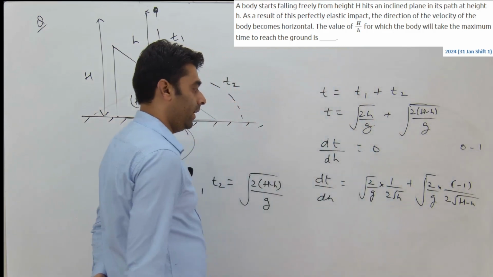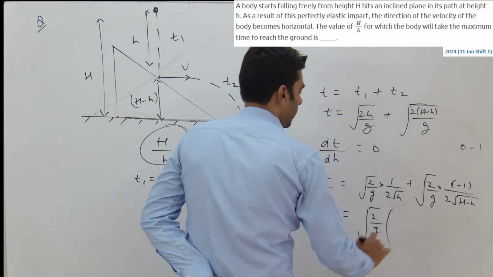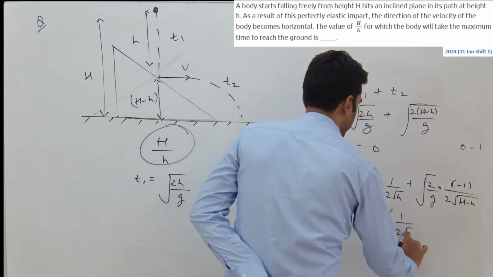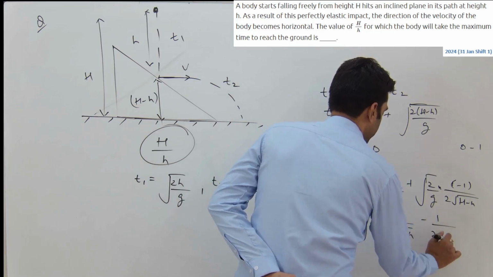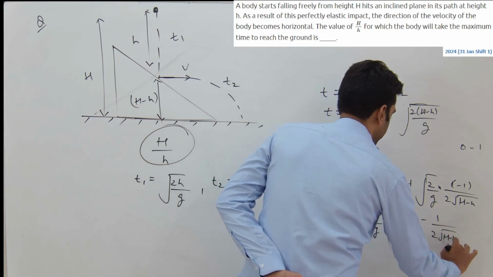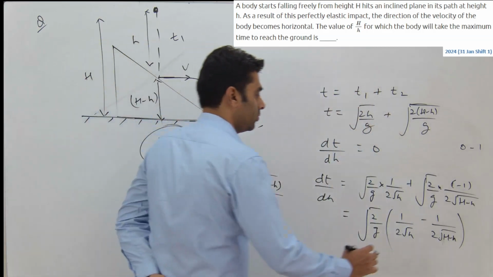We take root 2 by g common: 1 by 2 root h minus 1 by 2 times root over (H minus h). This is what we have got. Let's put it equal to 0.